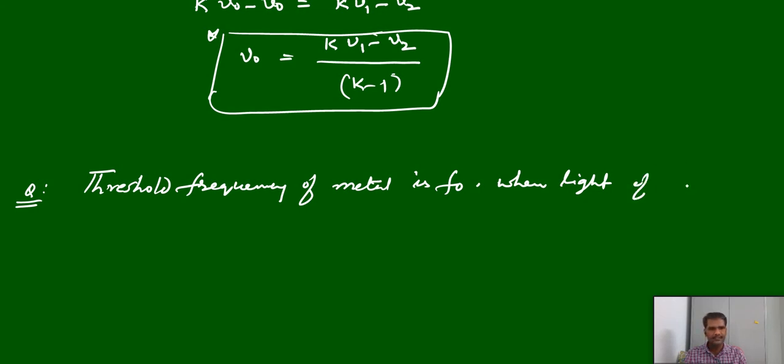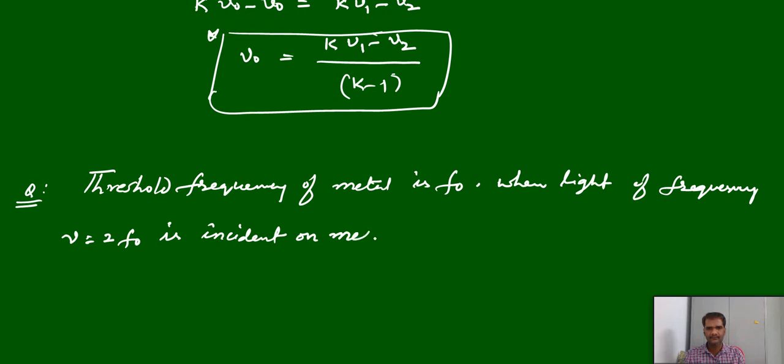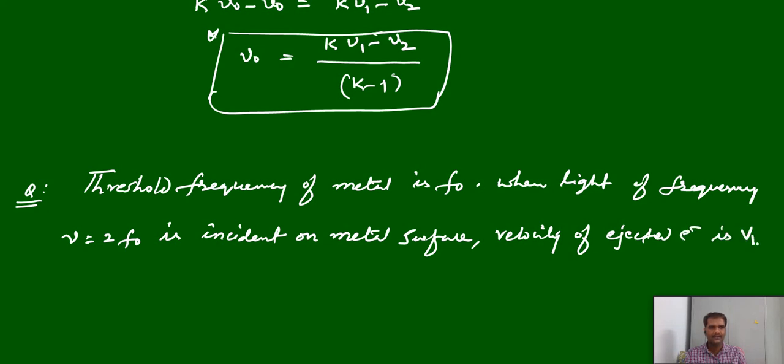When light of frequency 2 f naught is incident on the metal surface, the velocity of the ejected electron is v1.